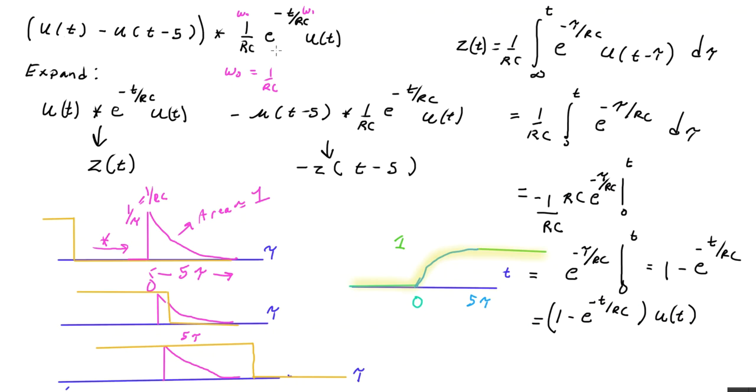I'm going to expand this out, and I get a step convolved with this decaying exponential, minus a step which is delayed, times a decaying exponential. And really, there's only one convolution that needs to be calculated, and that's this one, because then we can just scale it by -1 and delay it by 5.